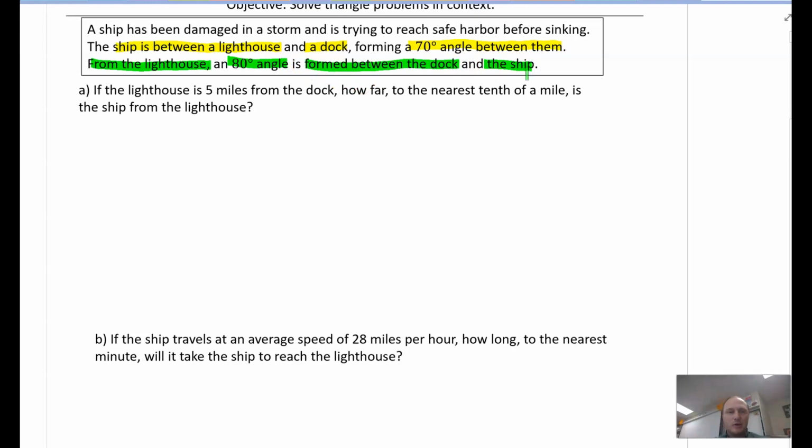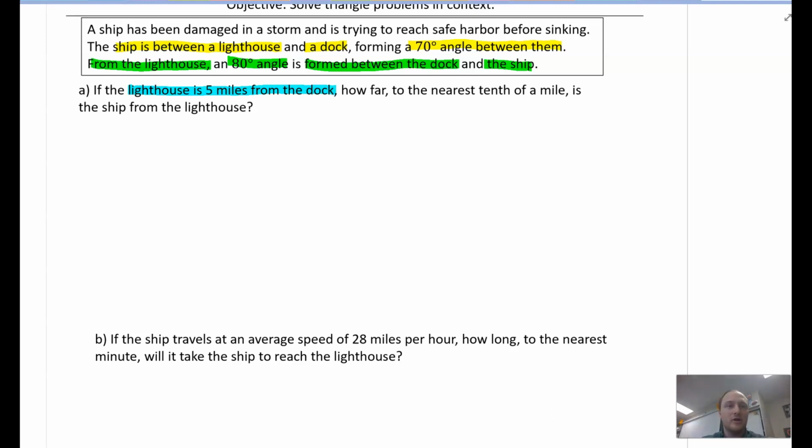Then we're asked, if the lighthouse is 5 miles from the dock, how far to the nearest 1/10 of a mile is the ship from the lighthouse? There's a lot of information.